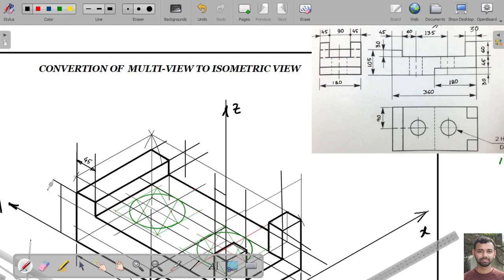Okay, and next is this height. This height is given as 105. Okay, next this height is given as 30 mm.